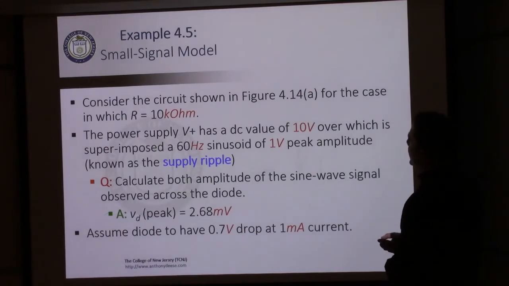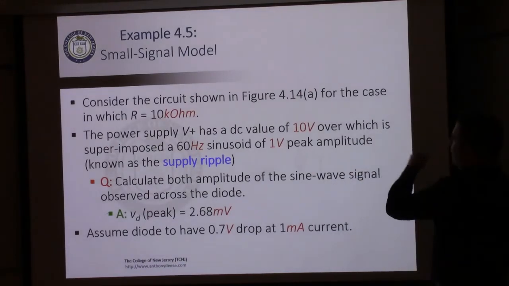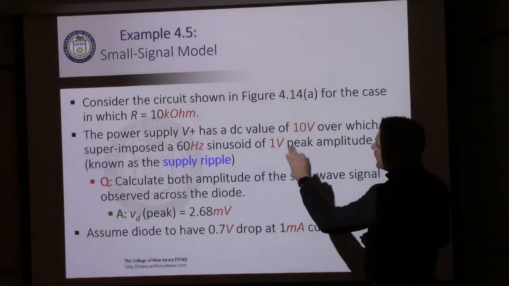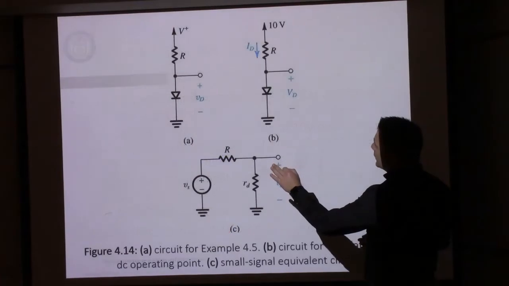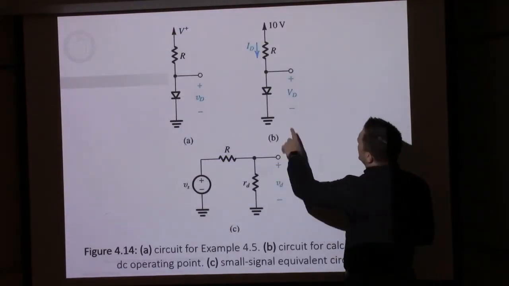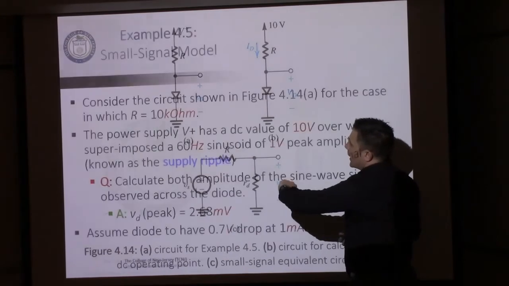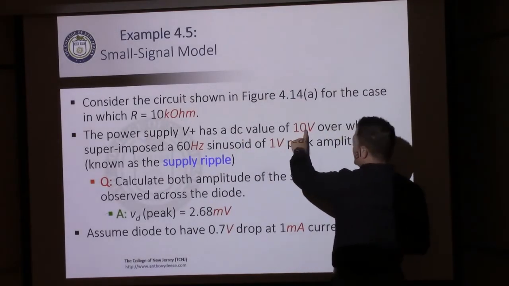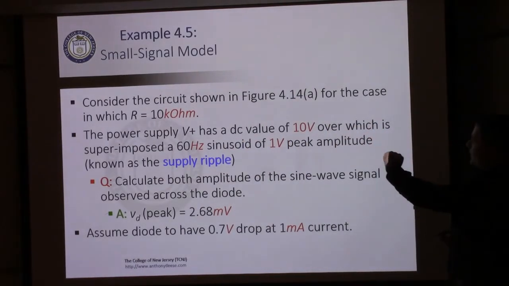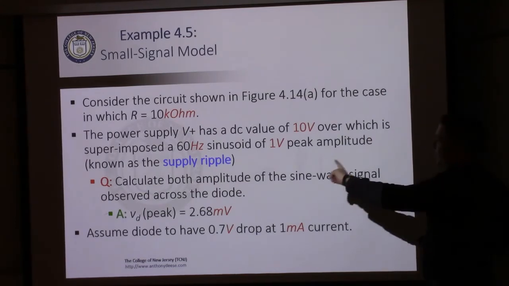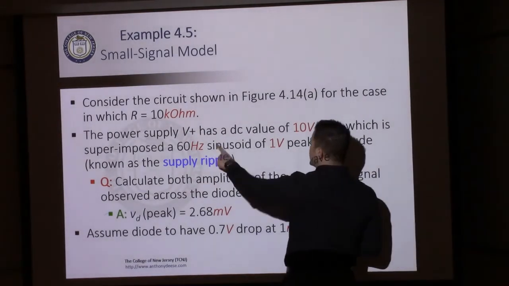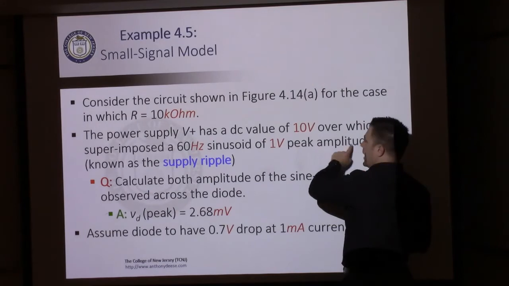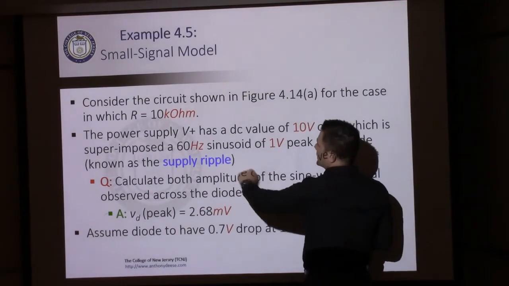And it has a series resistance of 10 kilo ohms. Now, the power supply, which is called V plus up here, it has a DC value of 10 volts, which is the static or steady state value, over which is superimposed a 60 hertz sinusoid of 1 volt peak amplitude. This is known as the supply ripple.